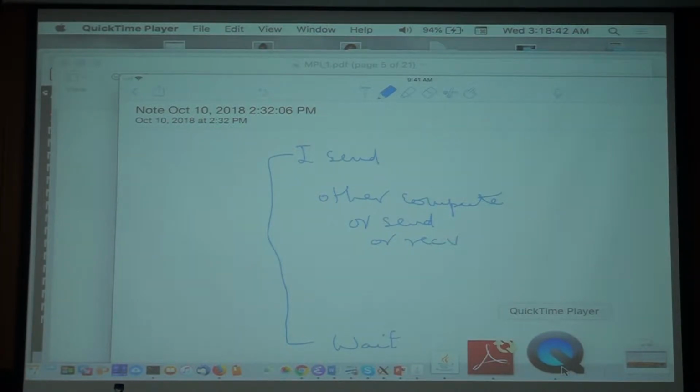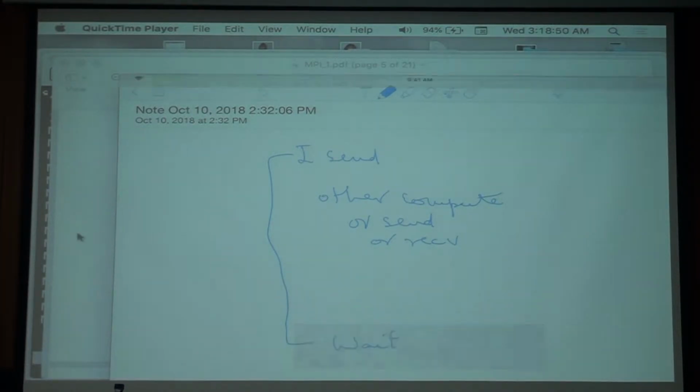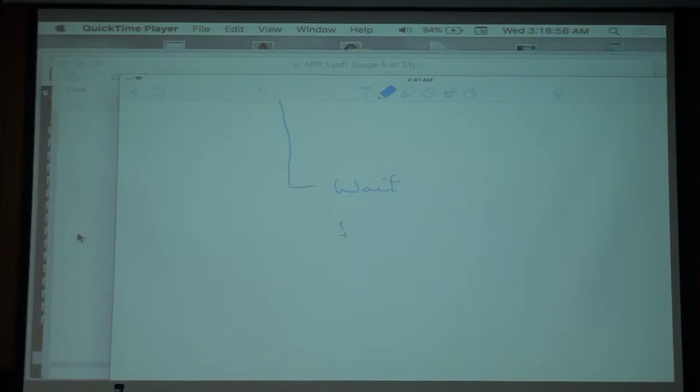Wait comes later. So this is a good pattern to use. We'll see that in some codes. Many codes don't even use these detailed variations. They simply use isend and wait occurring together.